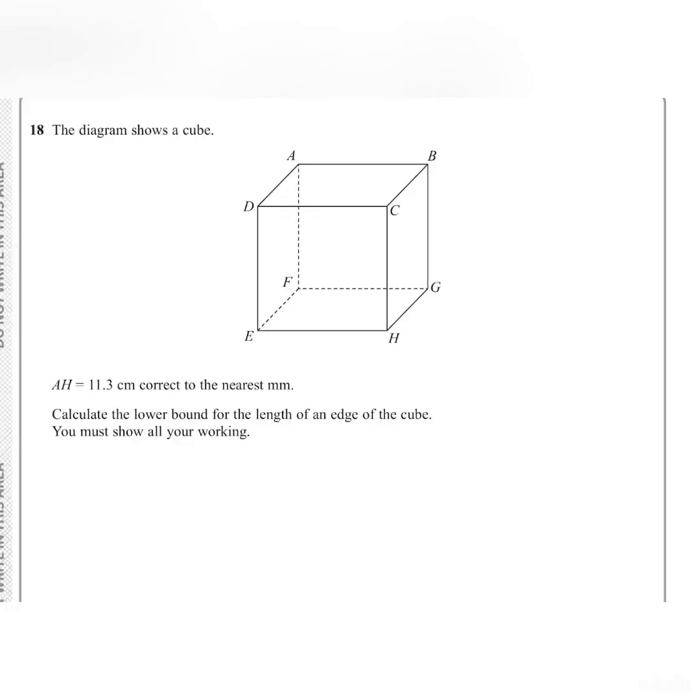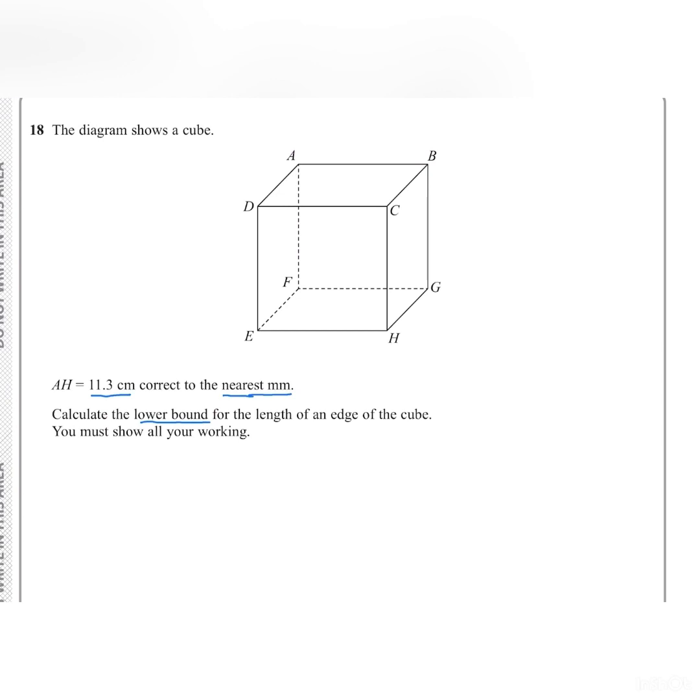Okay, question 18, it says the diagram shows a cube and A to H is 11.3 centimeters to the nearest millimeter. So when you see the words to the nearest millimeter, we know that this question is about bounds. And it says calculate the lower bound of the length of an edge of the cube.